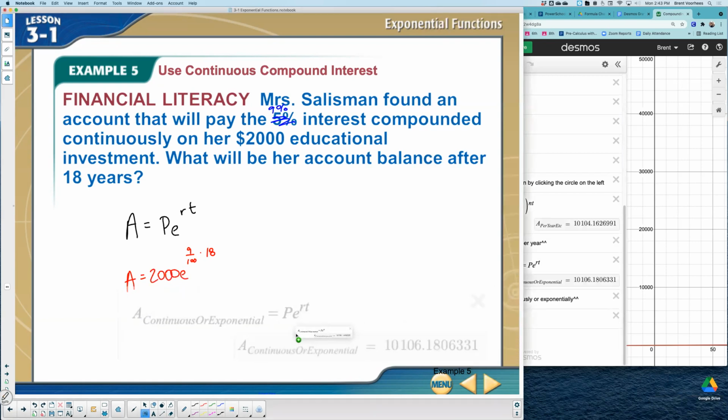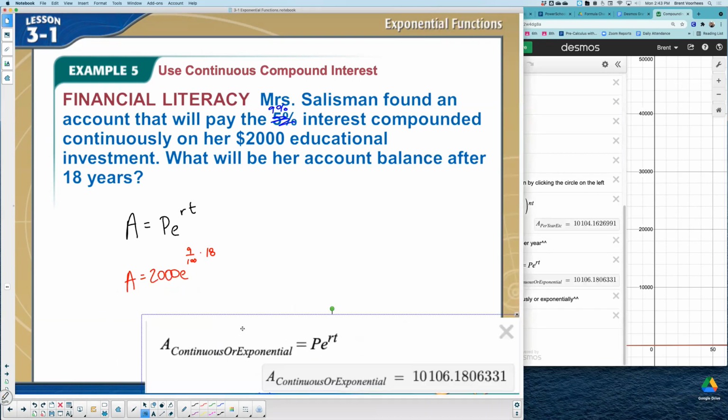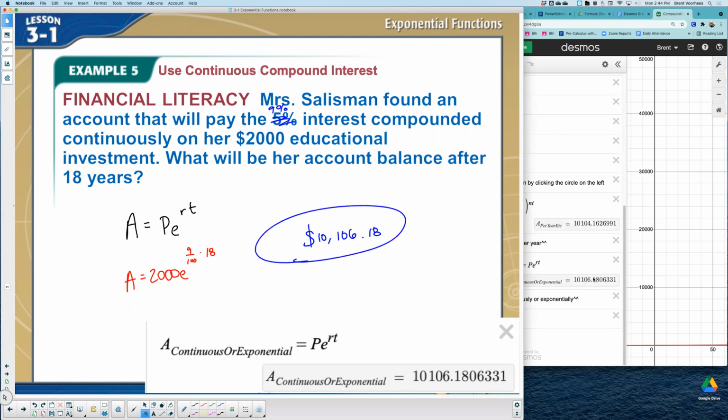And so you can look at the two values. There's not much of a difference between compounding daily and compounding continuously, because they're already pretty close. I think it's only a matter of $2 difference.